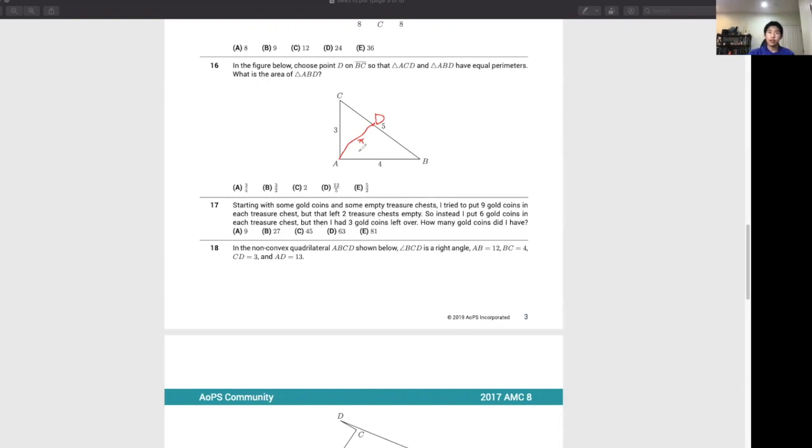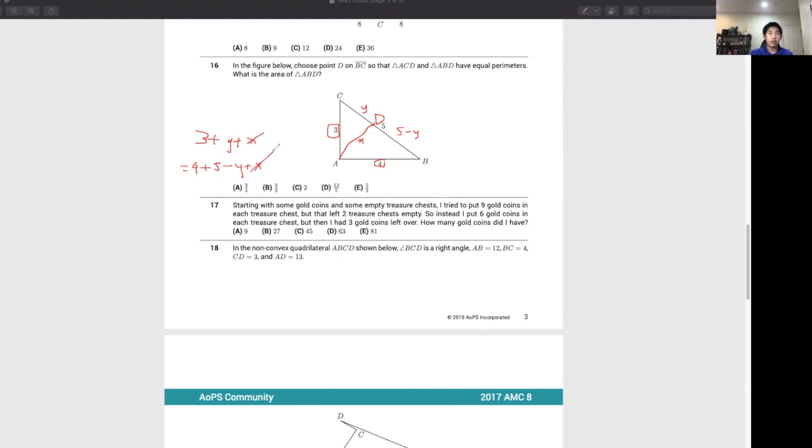So let's start by calculating ACD. ACD has a side length of 3. Let's call this unknown y, and then this x. ABD has a 4, this length which is 5 minus y, and the x. So adding these together we have 3 plus y plus x is equal to 4 plus 5 minus y plus x.